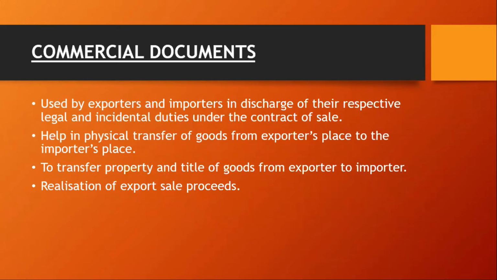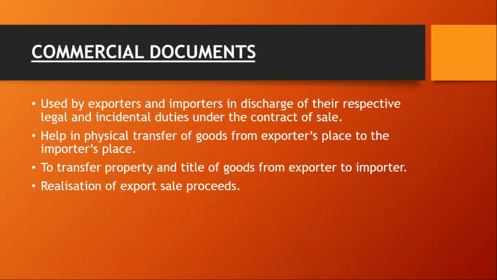Commercial documents are used by the exporter and importer in discharge of their respective legal and other incidental responsibilities under the contract of sale. These documents are used because of custom of trade in international commerce. Now the question is, why do we need commercial documents?